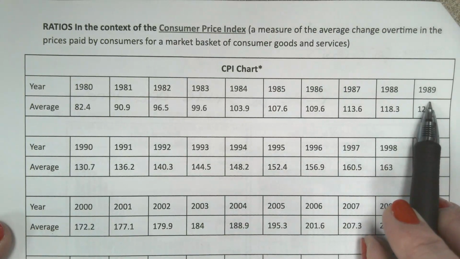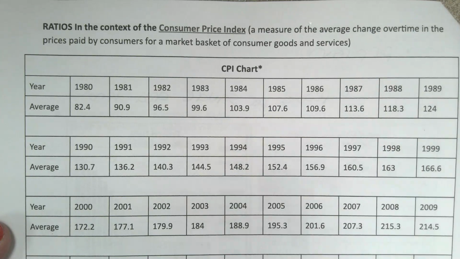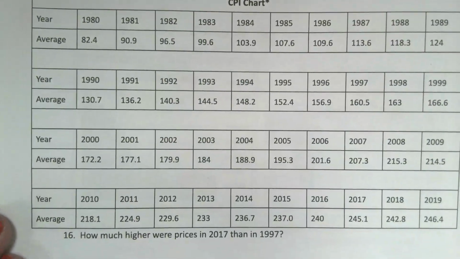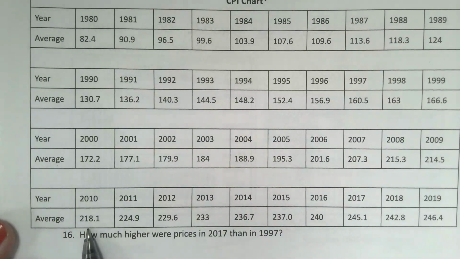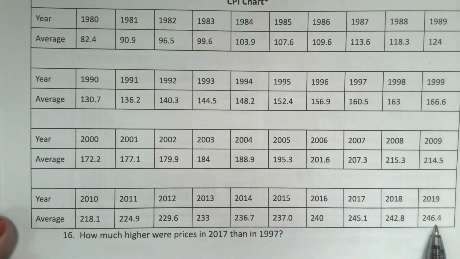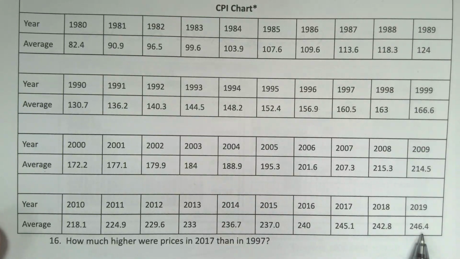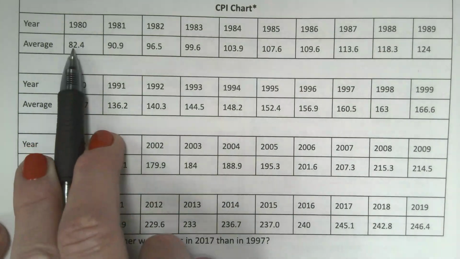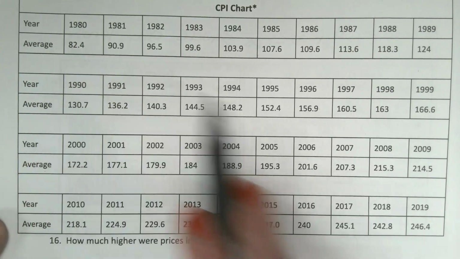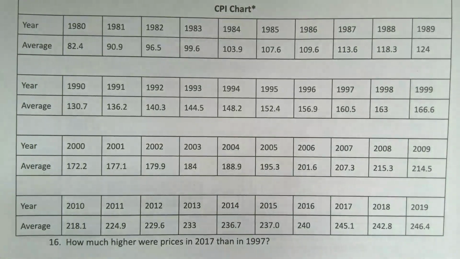In 1989, the same basket of goods cost $124. In 2010, it cost $218. And in 2019, it cost $246. So if you're buying the same basket of goods, what cost you $82.40 in 1980 is now, a few years ago, up to $246.